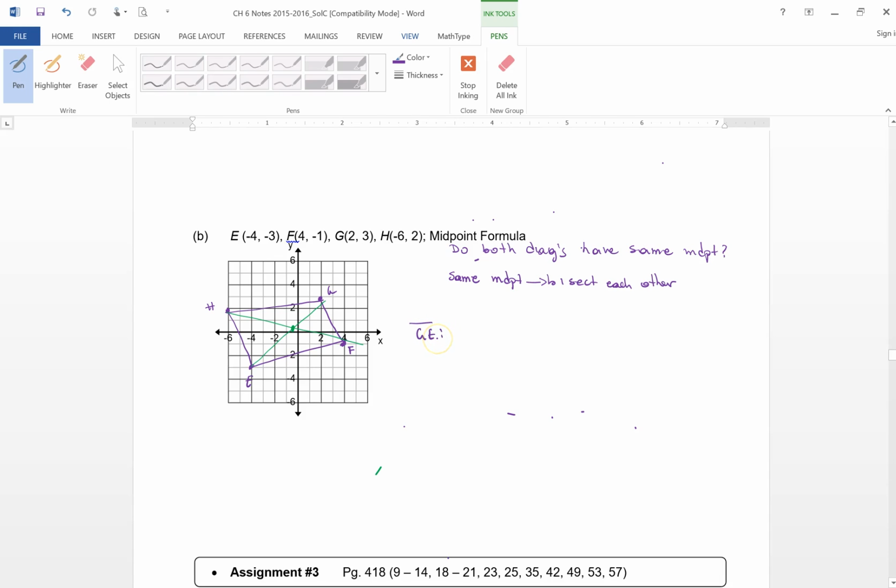Remember, the midpoint formula is x1 plus x2 over 2. We add the x's, divide by 2. So for GE, we're going to use these two. The midpoint is going to be negative 4 plus 2 over 2, negative 3 plus 3 over 2. This is going to be negative 1 comma 0. All right, now let's do FH. For FH, we're going to use these two.